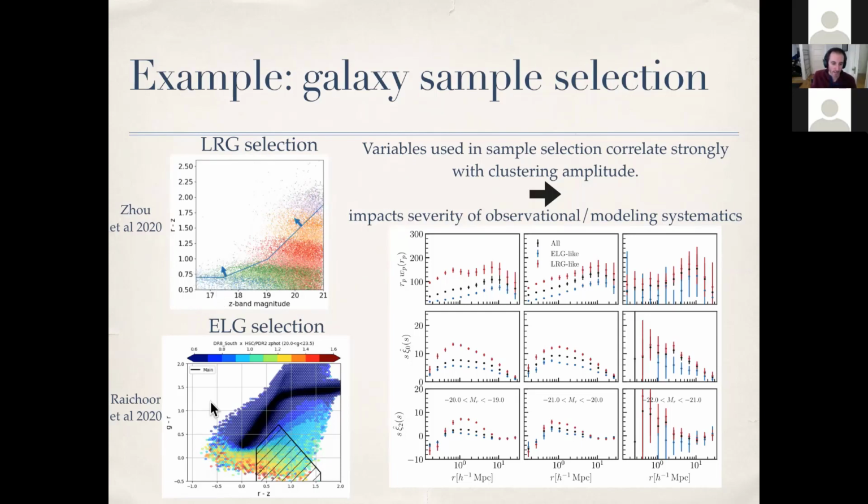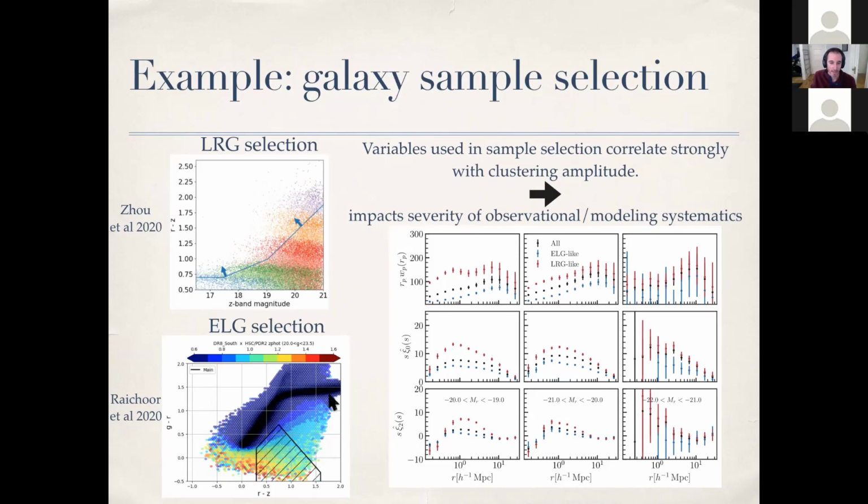This is something that you might do if you want to get very bright galaxies that you're able to measure the redshifts of easily. You might also want to select a different type of galaxy, so something that's star forming. That's called an emission line galaxy, that's done in different color cuts.